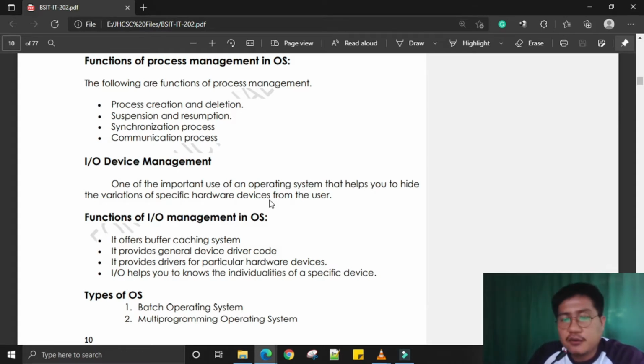For this example of the buffer caching system, one best example is a common and viewable one.